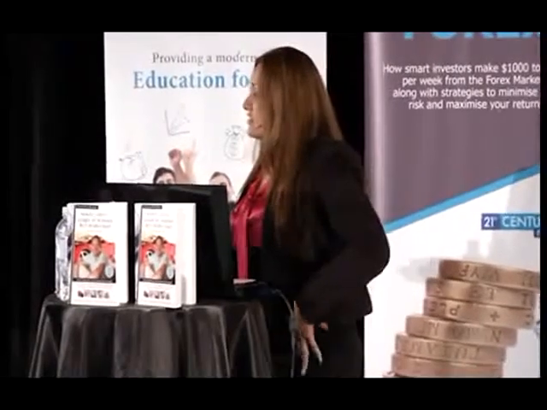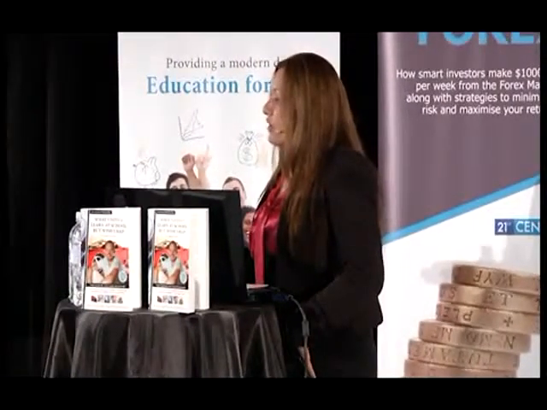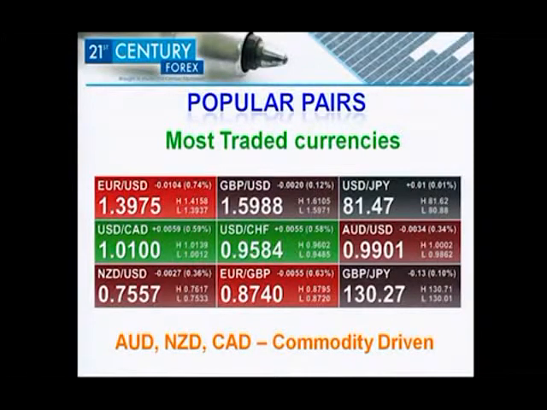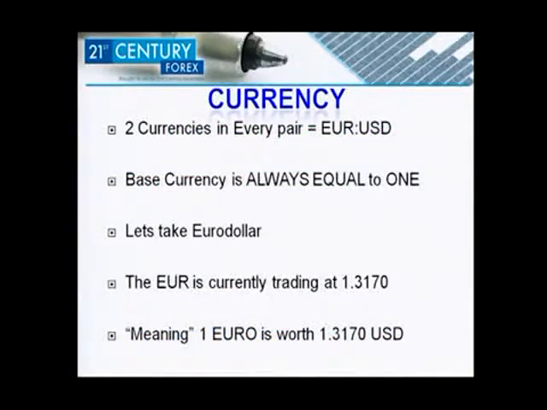Okay? So you can see here, this is the currency and they're the pair, because we're buying and selling one at exactly the same time. Now, as I said, New Zealand, Australia and Canada are commodities driven currencies. So let's have a look at the currencies. Normally you have two in a foreign exchange pair. So you've got the euro, for example, US dollar.